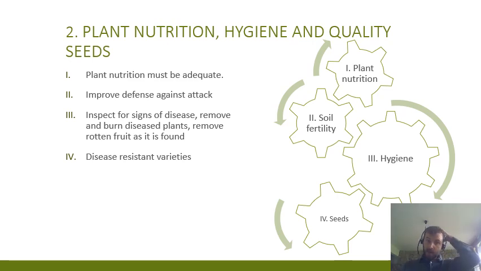So it means giving enough nutrients so that the plant is well fed and can defend itself, and also not giving it too much, otherwise it will just grow too fast and not be ready for defenses. So this is important to improve the defense against attack.